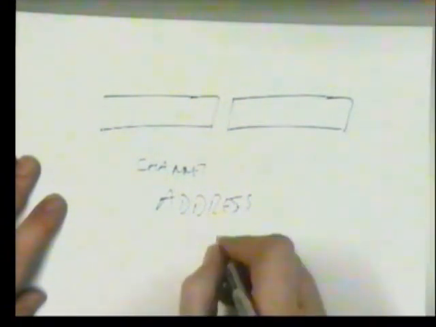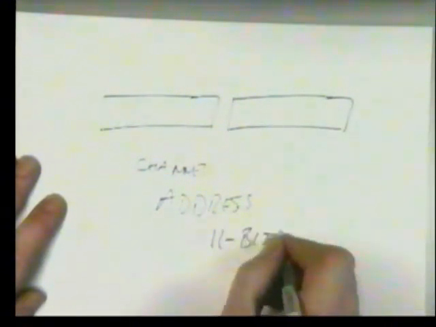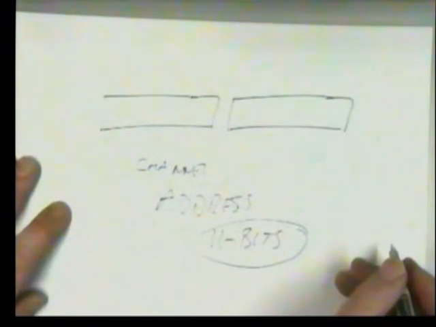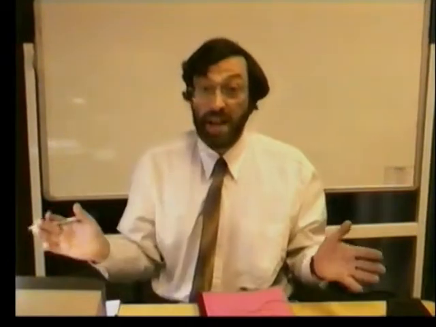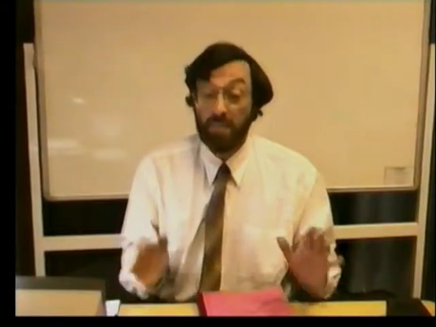Now the address can be up to 11 bits long. 11 bits, so you've got 2048 different addresses there. That's enormous. You don't need that. Most systems might use 20 or 30 channels, so 11 bits is total overkill. Quite honestly, you just don't need that much. But the channels can be defined with an 11-bit address.